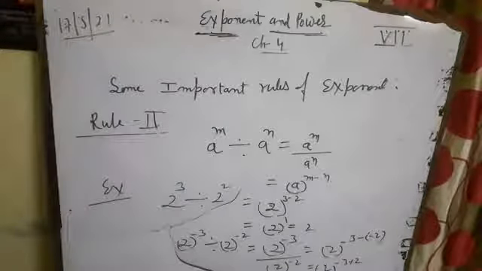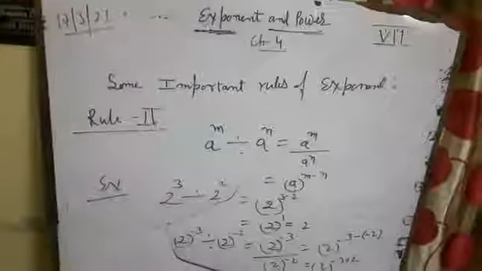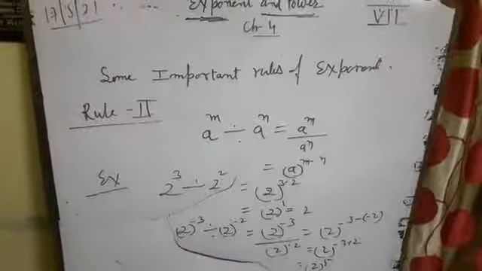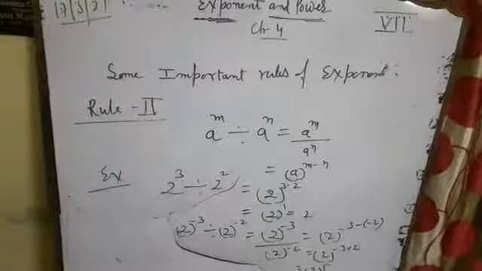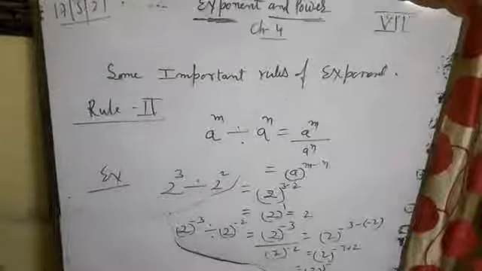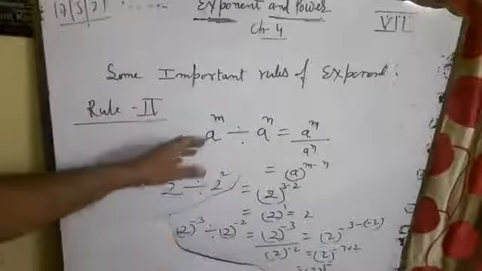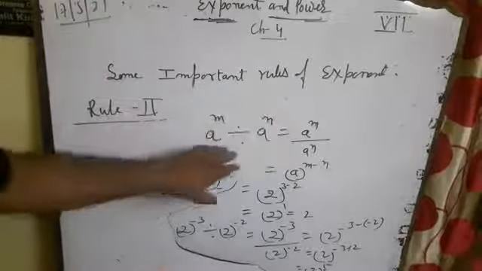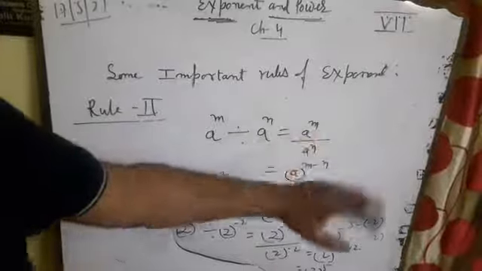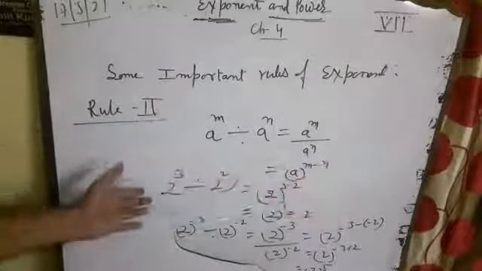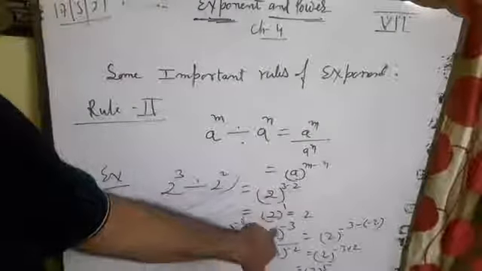Now, rule number 1, if the base is same and power is different, in the form of multiply, the power will be added. If the base is same, in the form of divide, the powers will be subtracted. For example, 2 to the power 3 divided by 2 to the power 2, 2 to the power 3 minus 2, 2 to the power 1.